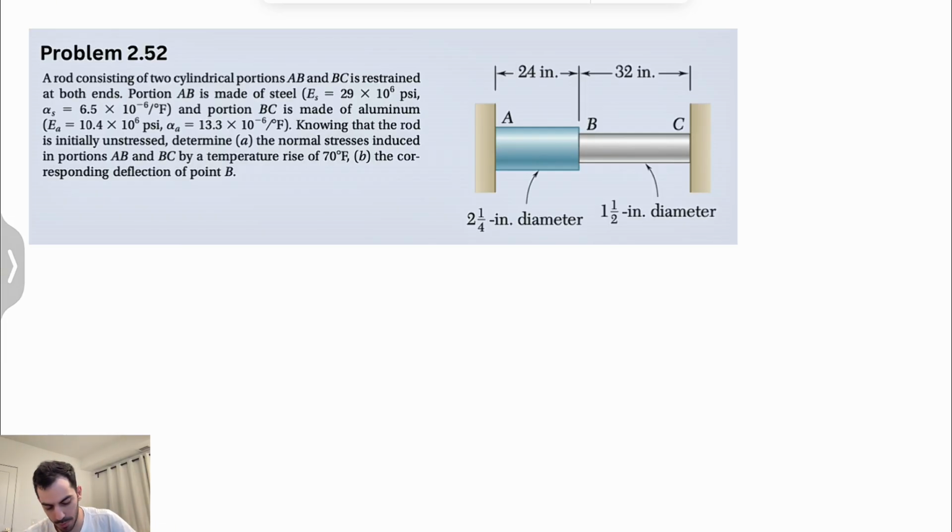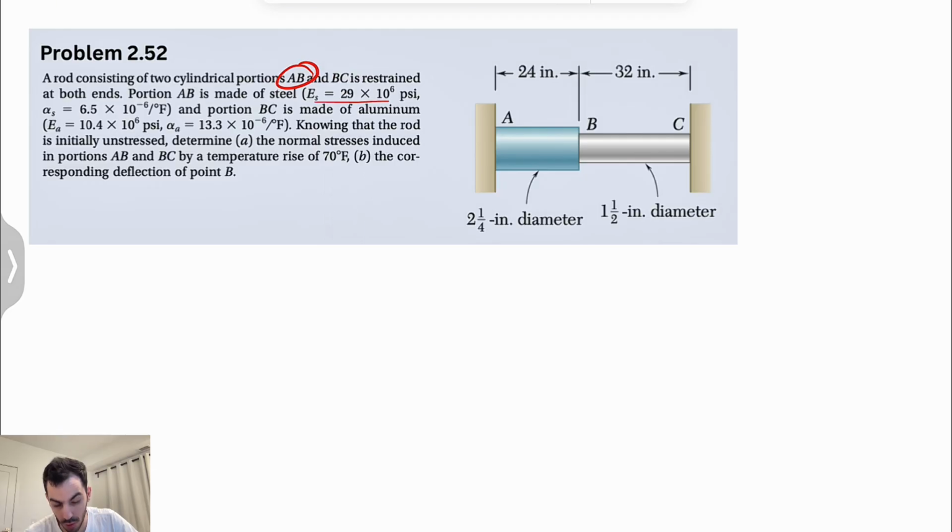In this one, we have a rod consisting of two cylindrical portions, AB and BC, that are restrained at both ends. We know the portion AB is made of steel. We have the elastic modulus of 29 times 10 to the 6 psi.